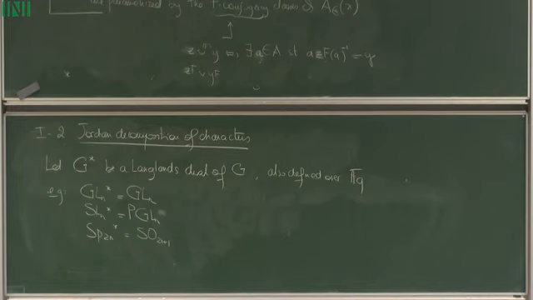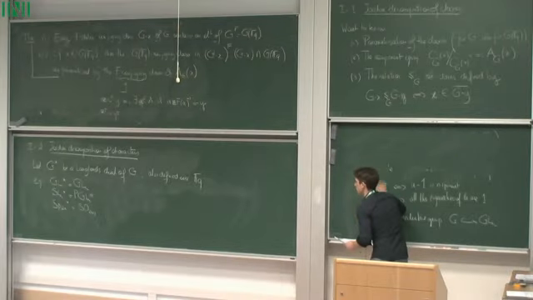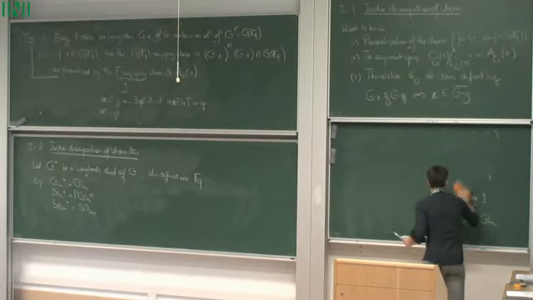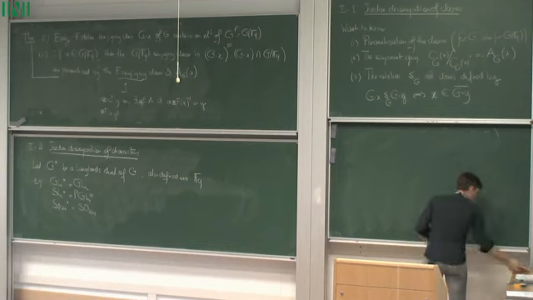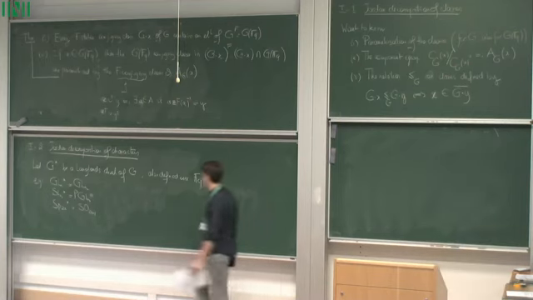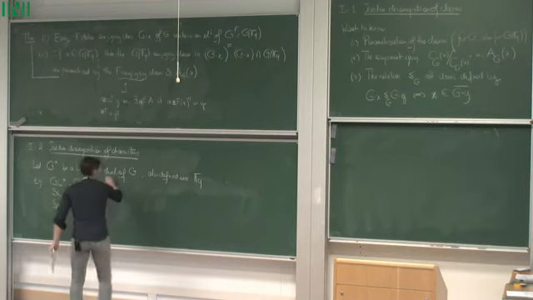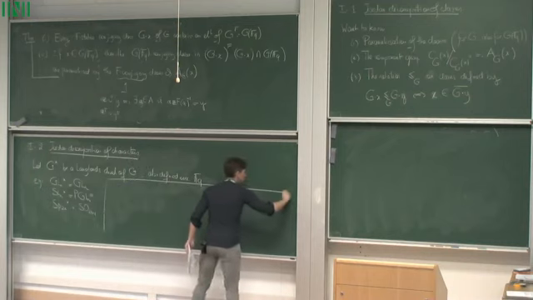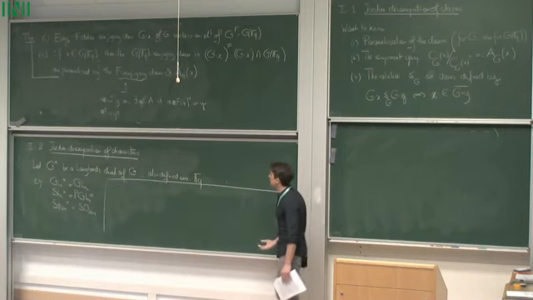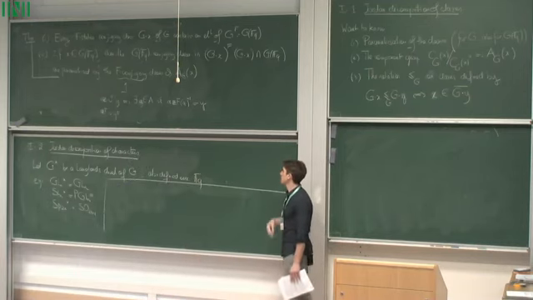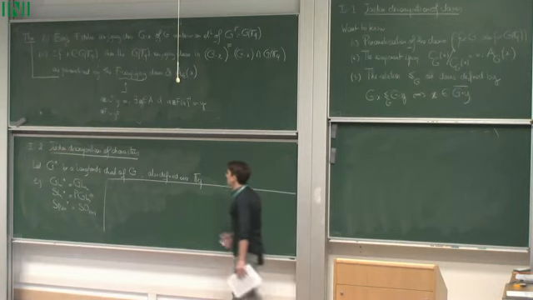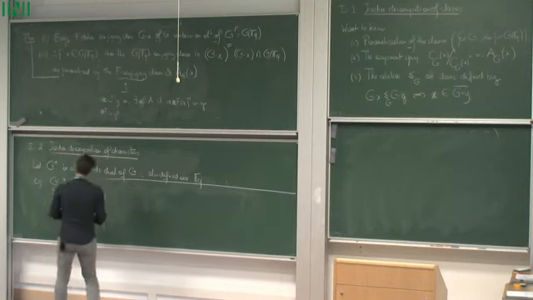Now, maybe I'll continue on this board first. Now, inside the conjugacy classes, I had the semi-simple classes and the unipotent classes. The same thing happens here for the irreducible characters.